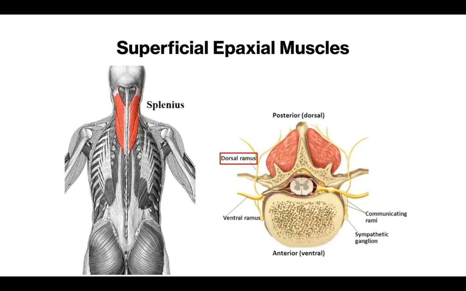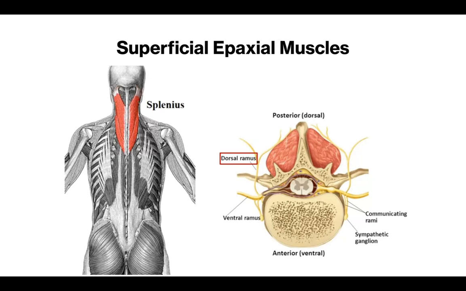Again, splenius is weird because it is split into 2 different parts. And so when you look at the origin and the insertion, there's 2 different origins and there's 2 different insertions because there's 2 different muscles of splenius. So let's just deal with the origin first.